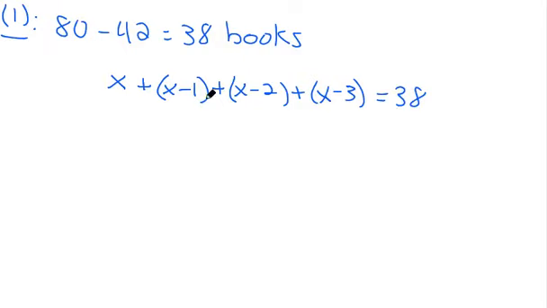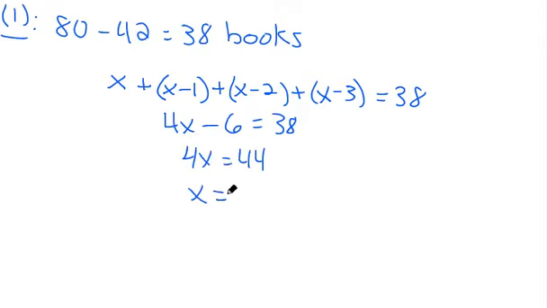Each of these values represents how many books the other friends donated if Marlon donated the least amount of books. We can solve this equation for X. We end up with 4X minus 6 equals 38, so 4X is equal to 44, or X is equal to 11.